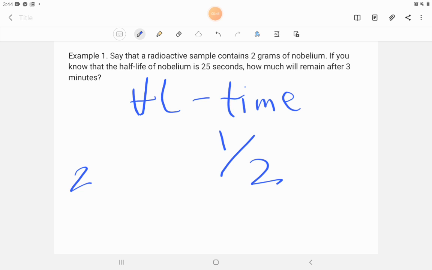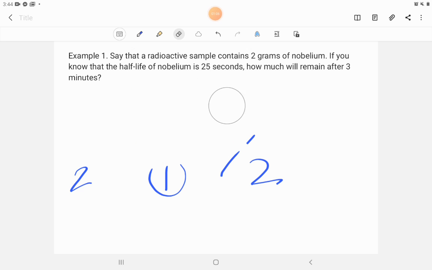If its half-life is 25 seconds, it means that after 25 seconds, the quantity of nobelium present is only 1 gram. So half-life is simply the amount of time where the amount of the substance is reduced to one half.